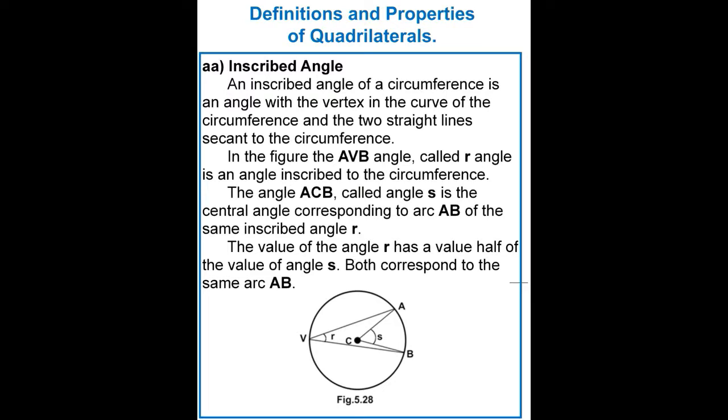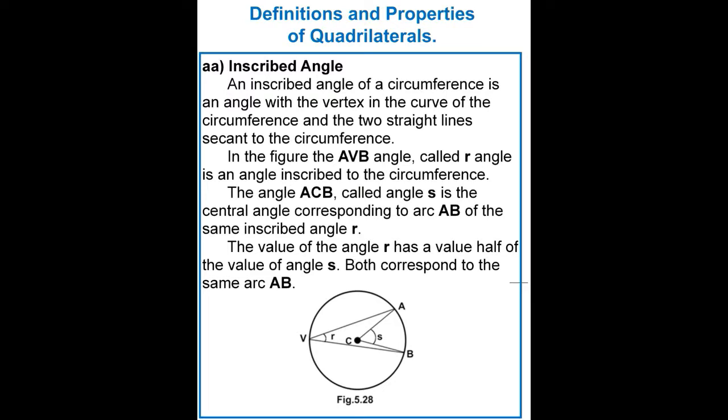The angle ACB, called the angle S, is the central angle corresponding to the arc AB of the same inscribed angle R. The value of the angle R is half the value of the angle S, both corresponding to the same arc AB.